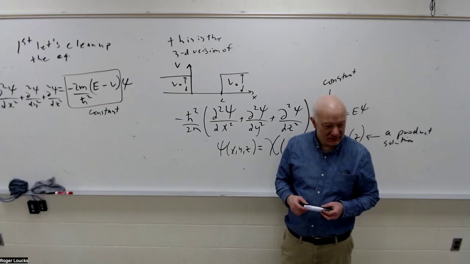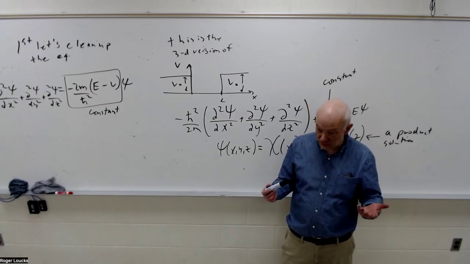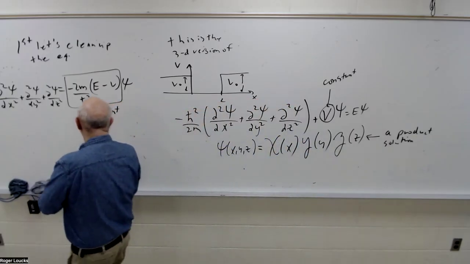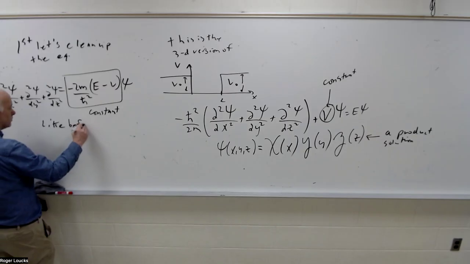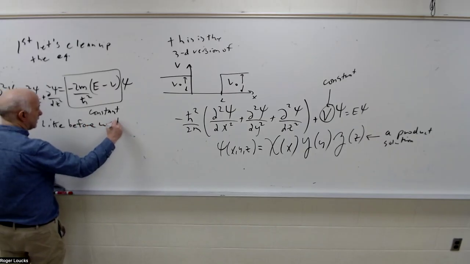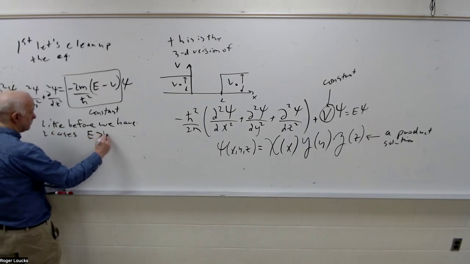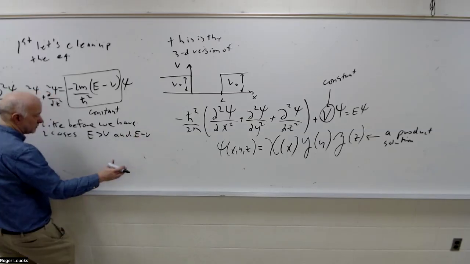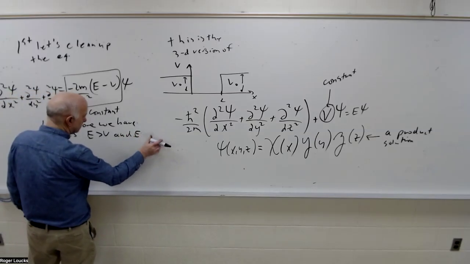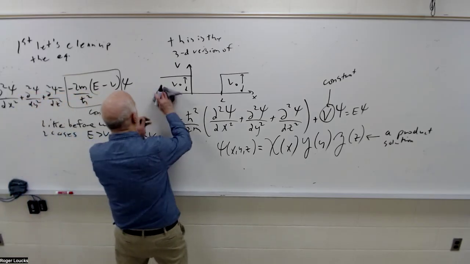E is bigger than V and E is less than V. So we have two cases, like before: E is greater than V, and E is less than V. This would be good review for your test as well.